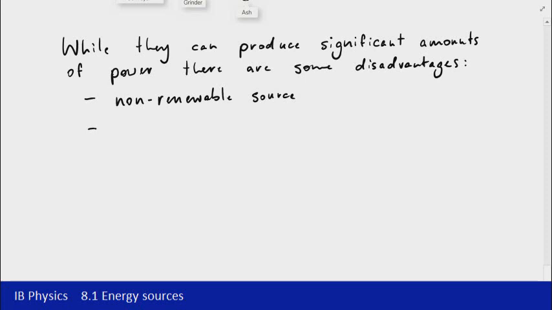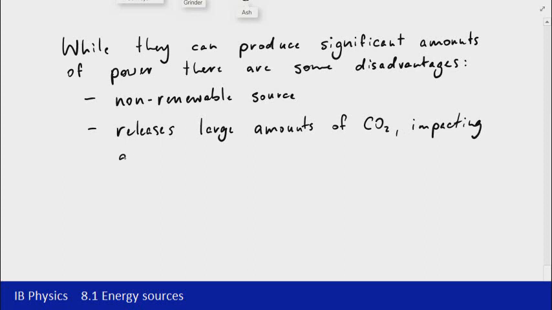The second one is that, as I sort of alluded to earlier, it does release large amounts of carbon dioxide, and the reason why that's a bit of a problem is that that can impact atmospheric conditions. And what we mean by atmospheric conditions is largely can be summarized in considering the greenhouse effect and the advanced greenhouse effect.